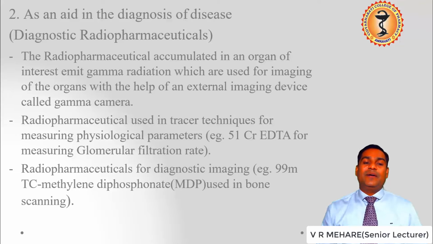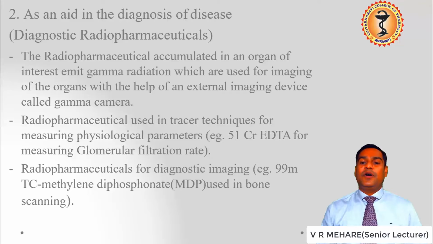It is a camera which detects gamma radiation, on the basis of which any organ can be examined, or the functioning of an organ can be examined, or if there is any presence of any kind of tumor, infectious tissue or cancerous tissue, that can also be detected with the help of these radiopharmaceuticals. Radiopharmaceuticals are also used in techniques for measuring physiological parameters.